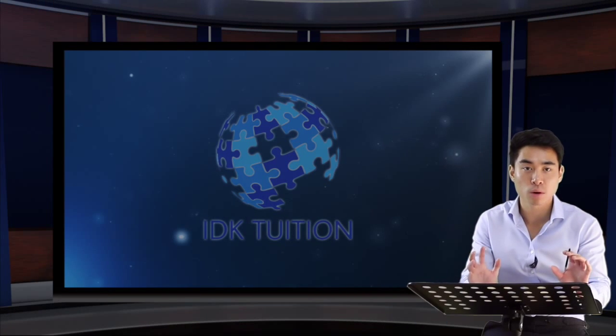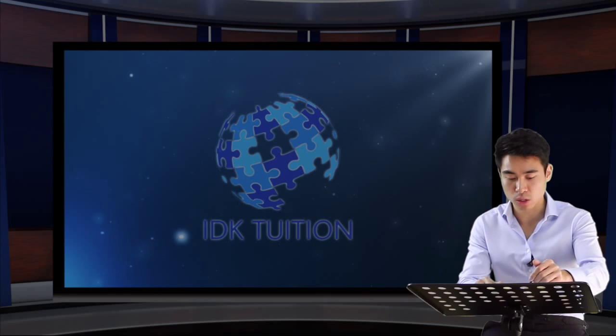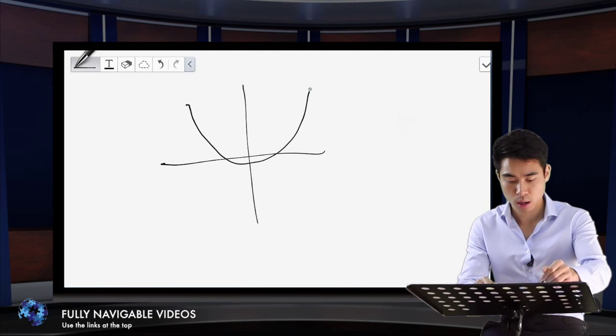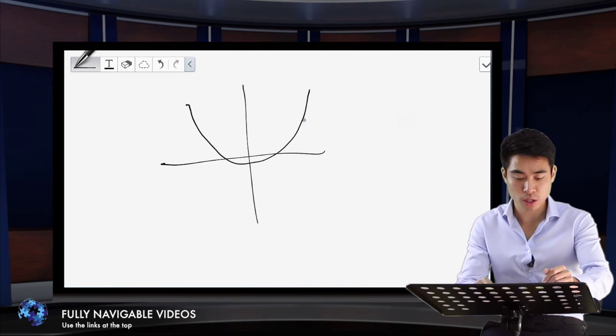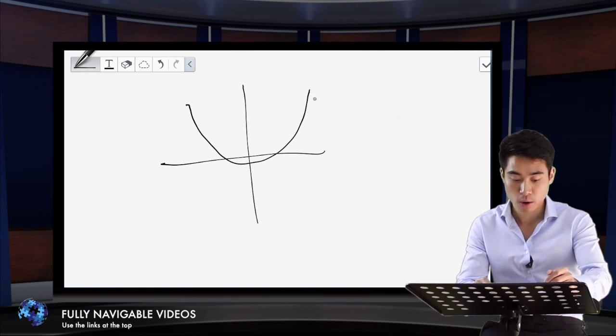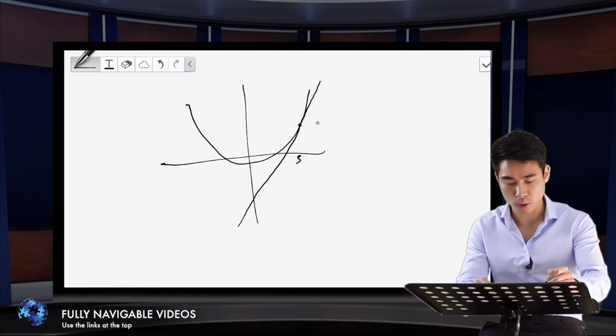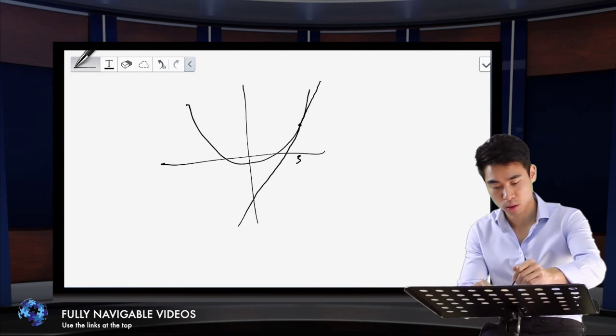Okay, so working out the equation of a tangent to a curve. If I have this curve here, say the question asked me to find out the equation of the tangent of the curve when x equals 3, say. And essentially what you're doing is if I have a straight line tangential to that curve, we're working out the equation of that straight line there.